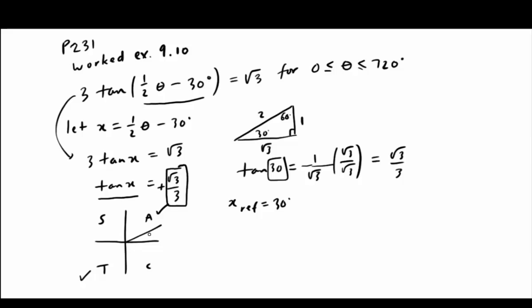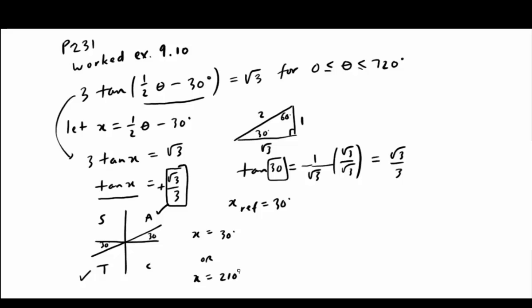So this is 30 here, and this is 30 here. So therefore x equals 30, or x equals 180 plus 30, which is 210.